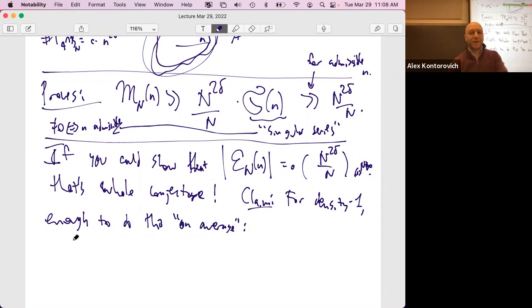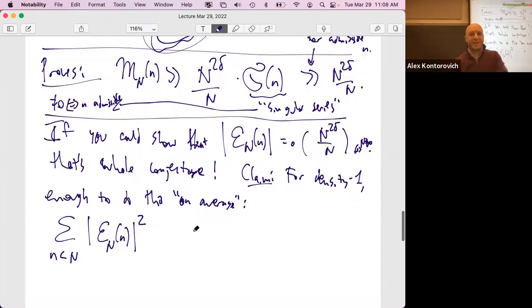which means the following: if you sum the values of n, of course, the only ones that occur are the ones that are less than n of these error terms. In fact, there's a good reason to take L2 norms instead of L1 norms. This should be little o of what? Well, if each one is supposed to be n over n to the 2 delta over n, and I square that, so that's n to the 4 delta over n squared.